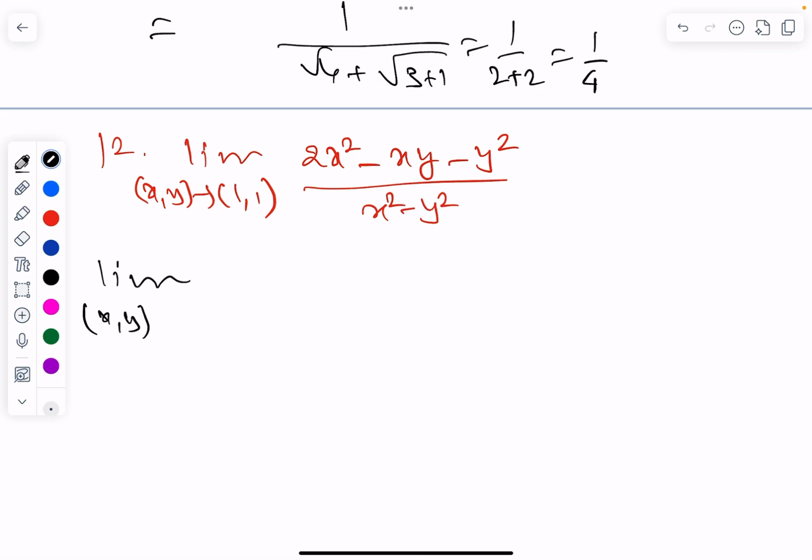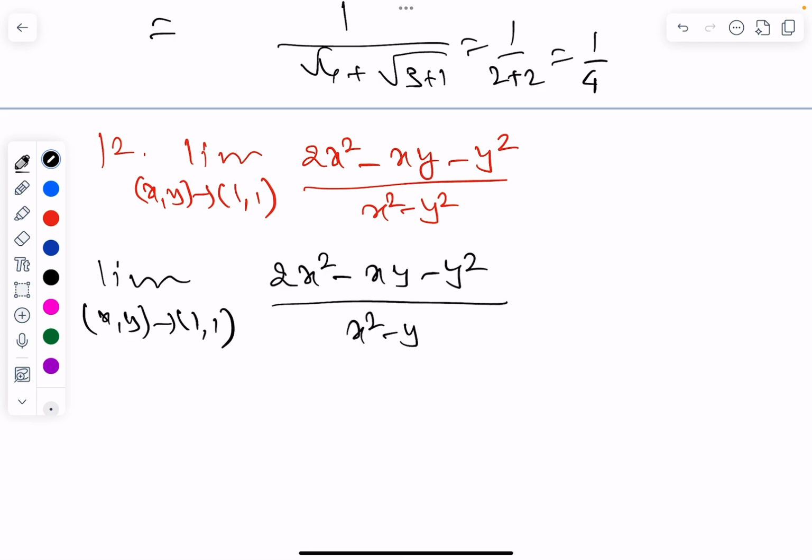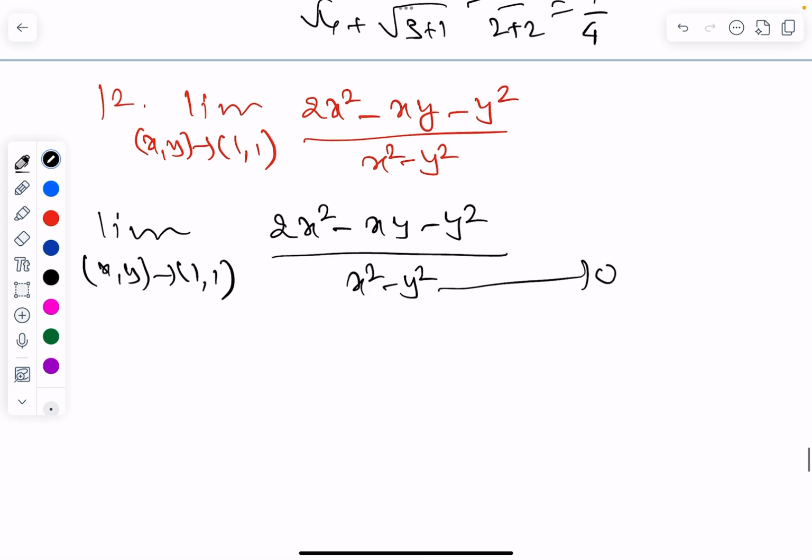If I plug in the values 1, 1, the denominator becomes 0. So we try to resolve this.